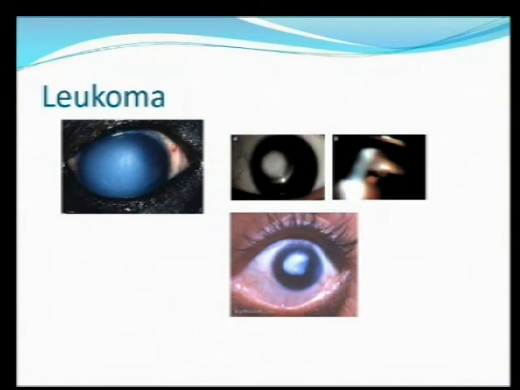Fortunately today, we could fit this person with an opaque tinted contact lens, much like the lenses that are used to change eye color. But instead of having a clear pupil, it would have a black pupil and could give them a near normal appearance, which would be huge for a lot of these people. So just another application of where contact lenses can make a difference in somebody's life.